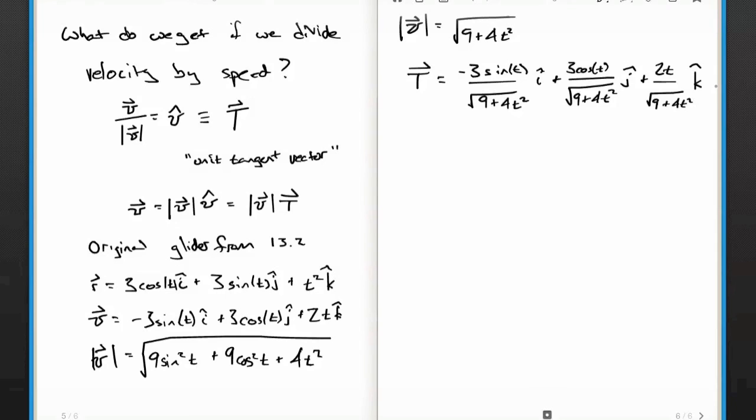Alright? So this gives me the unit tangent vector. This gives me the direction of travel only, just the direction. And that becomes a pretty powerful tool, especially in the next couple sections.